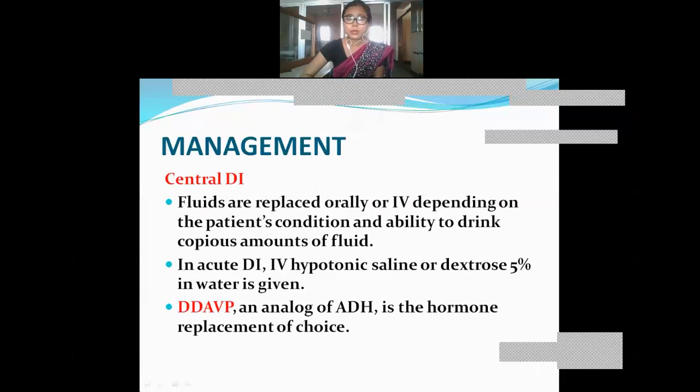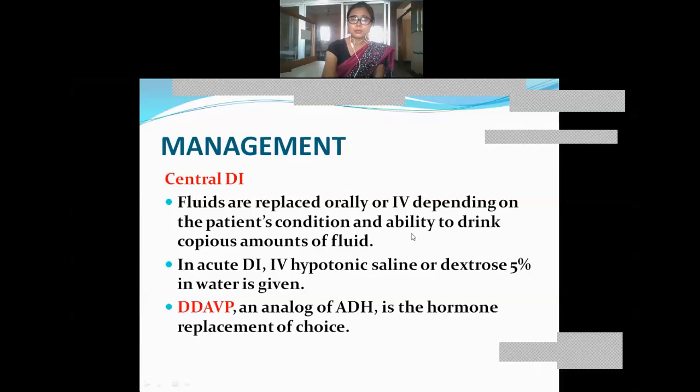And let's come to the management. For central DI, fluids are replaced orally or IV depending on the patient condition and ability to drink copious amounts of fluid. So if the patient can take orally, then we can encourage the patient to take more fluids orally. But if the patient cannot take orally, then we have to give intravenous fluid, and intravenous hypotonic saline.